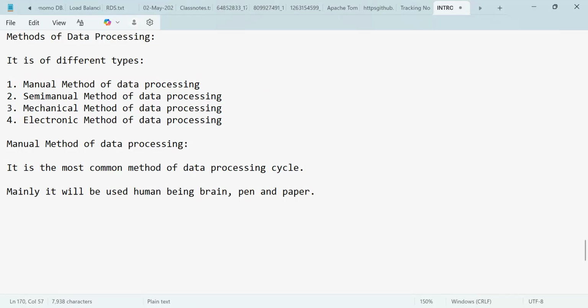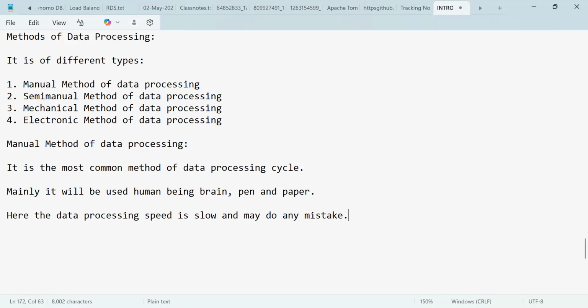The third point is the data processing speed. The data processing speed is slow and may have mistakes, whenever it is calculated by our brain and using pen and paper.